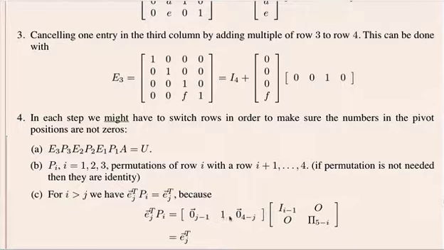Now what you can see here is that because i is larger than j, that means i minus 1 is larger than or equal to j, and when you multiply this vector with this part, e_j gets picked up.